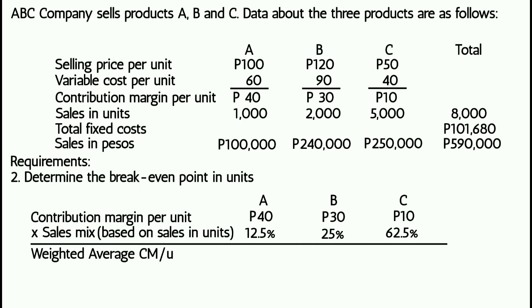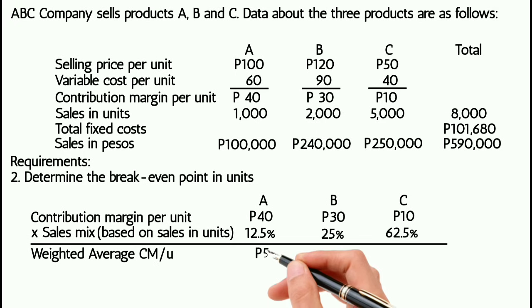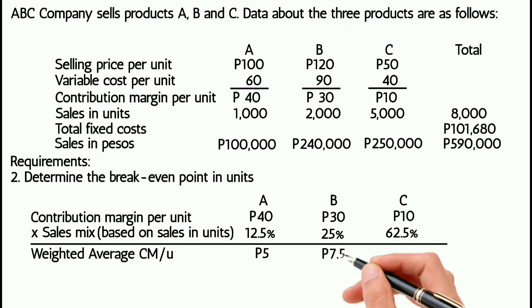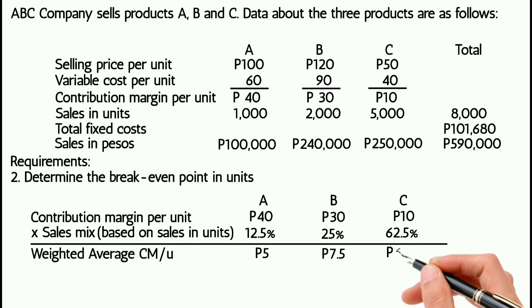Next, imumultiply natin yung CM per unit sa sales mix. 40 pesos times 12.5%, that is equal to 5 pesos. 30 pesos times 25%, that is equal to 7.5 pesos. 10 pesos times 62.5%, that is 6.25 pesos.